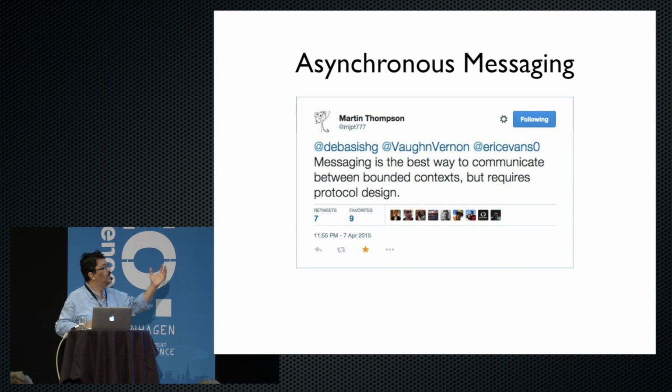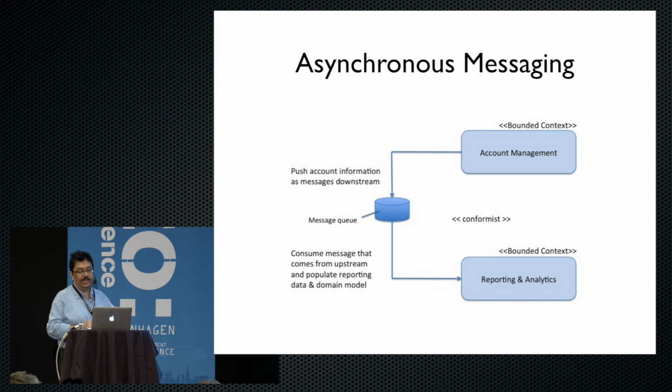He discusses a bunch of ways in which you can communicate across bounded contexts. One of them is the conformist mode. Here we have two bounded contexts, account management and reporting and analytics. They are completely decoupled in time. Account management is possibly an online system, whereas reporting possibly runs once a day or twice a day or thrice a day, something like that. So you cannot make a synchronous call from account management and expect some response from the reporting bounded context.